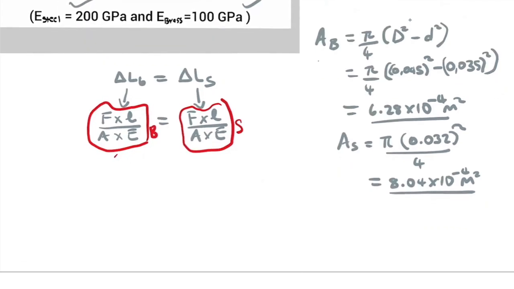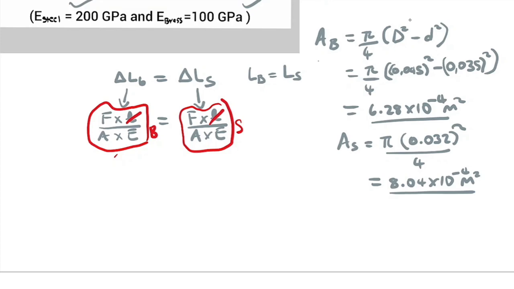Then we'll substitute here. Since this compound has the same length, the length for the brass is equal to the length for the steel, so we remove the length here.